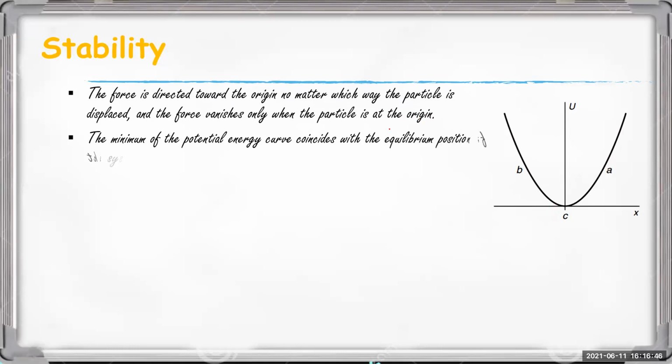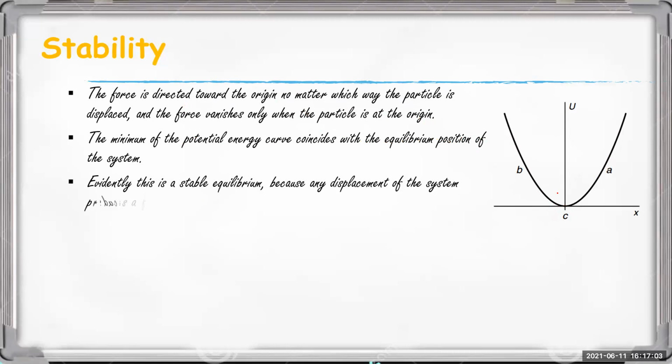The minimum of the potential energy curve coincides with the equilibrium position of the system. If the force is 0 there, it is the equilibrium position, it is the origin. Then evidently, this is a stable equilibrium.